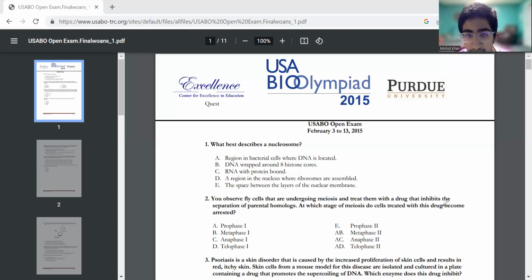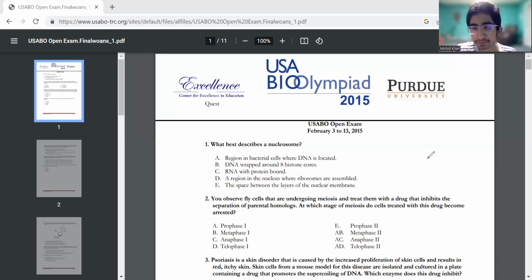All right, so our first question is, what best describes a nucleosome? A region in bacterial cells where DNA is located, and then we have all of these options. Essentially, you really need to know what a nucleosome is, and this is not something that requires too much critical thinking. You either know it or you don't.